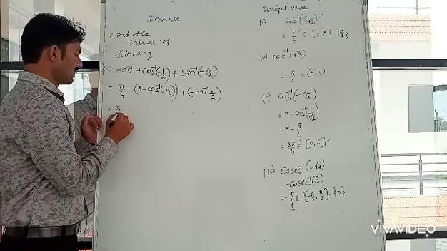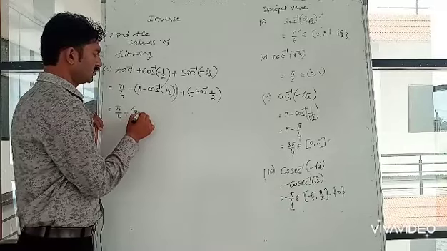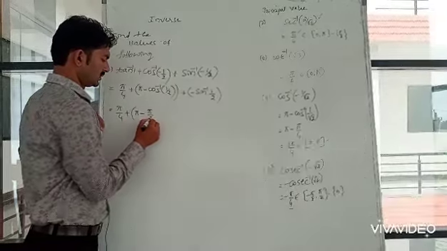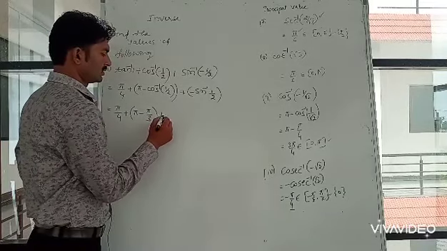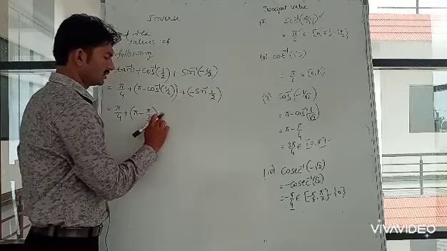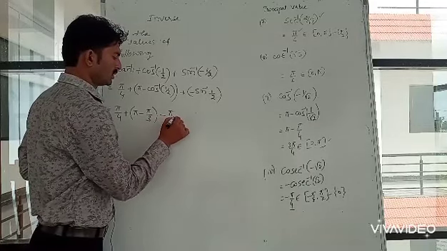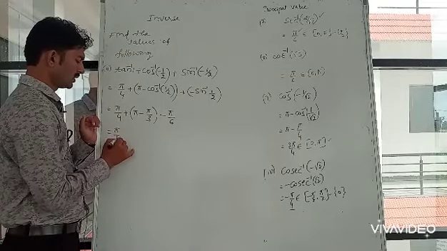So we will write the values now by using the table. Pi minus pi by 3 (60 degrees), plus minus sin inverse of 1 by 2, which is pi by 6, equal to pi by 4.